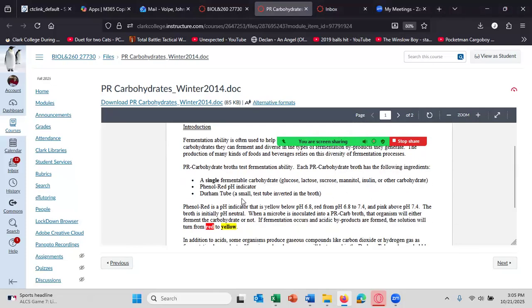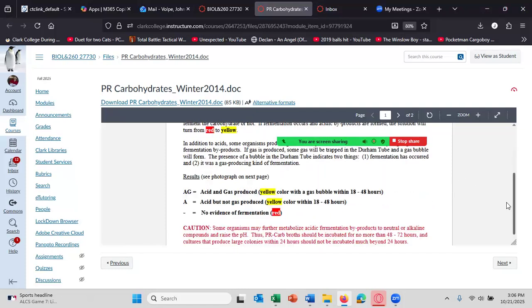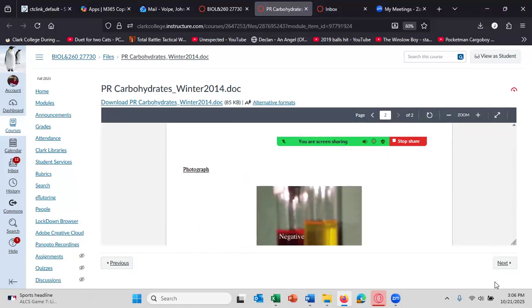So a single fermentable sugar carbohydrate is in the tube, as well as the phenol red, that's the pH indicator standing for PR. And then there's an inverted Durham tube in the broth. Let me show you the picture of that.